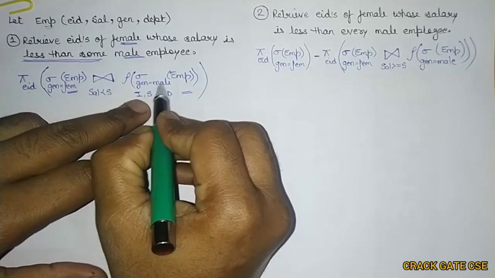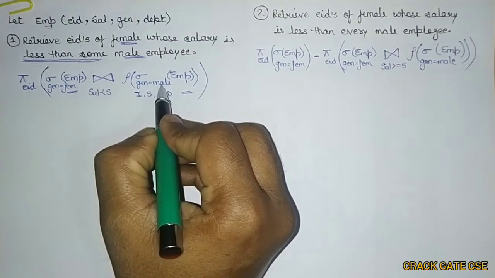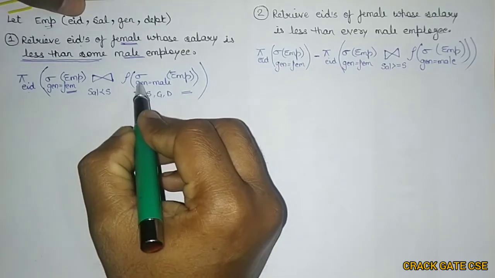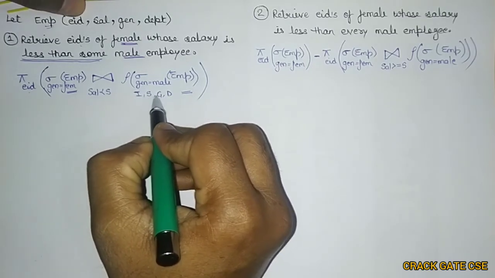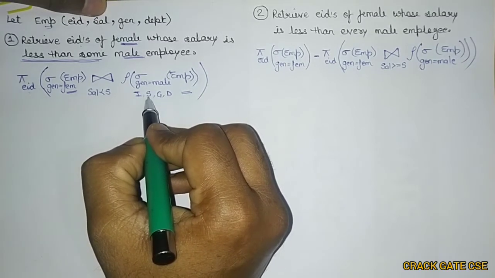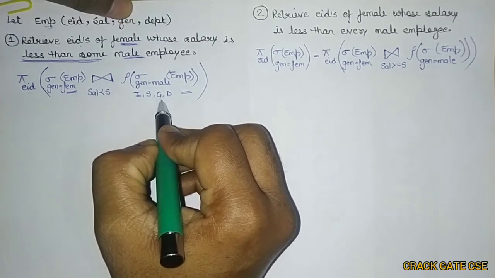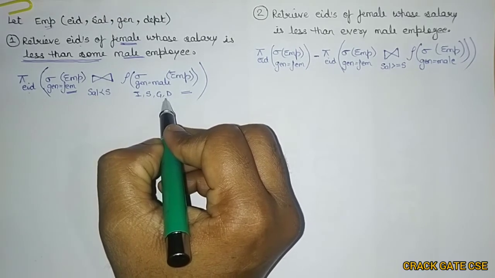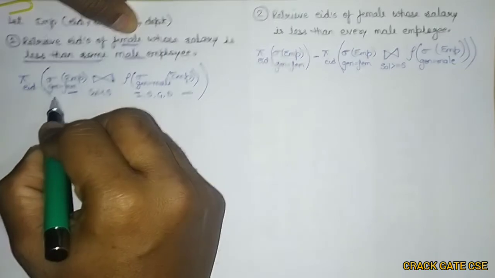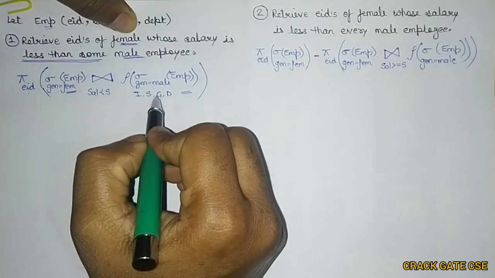Now after applying this particular condition, we will be getting the records of male. Now I am renaming this relation as ISGD. Employee ID will be renamed as I, salary will be S, gender will be G and department number as T. So we have satisfied this female condition on the left hand side and this male condition on the right hand side.